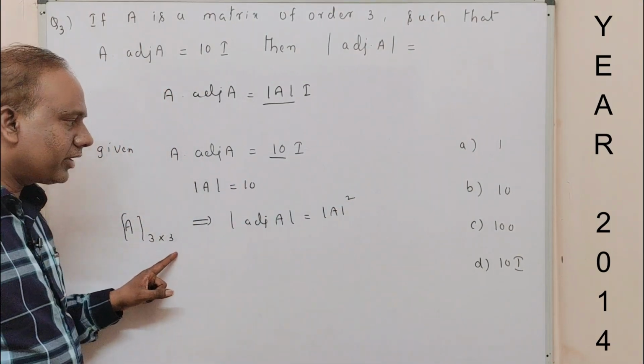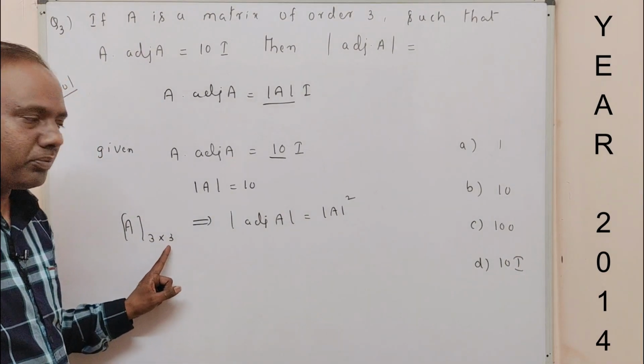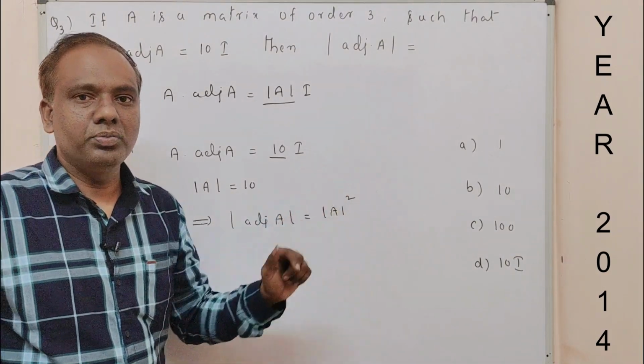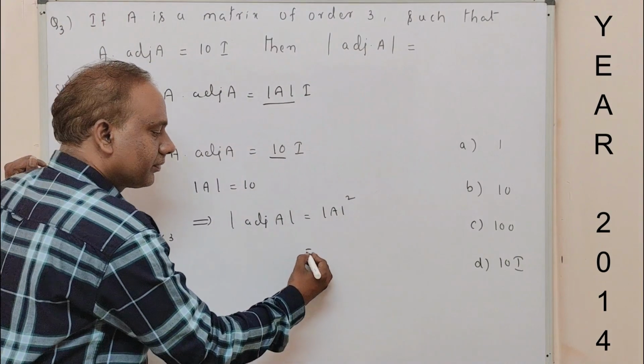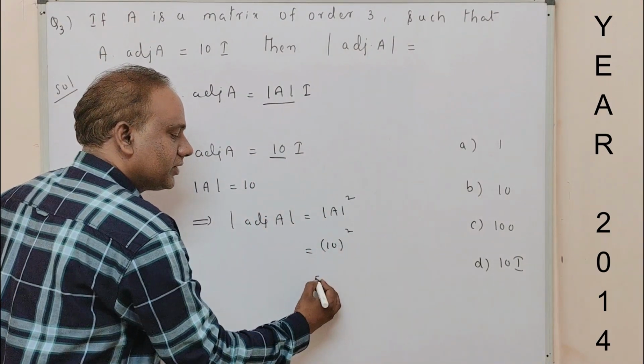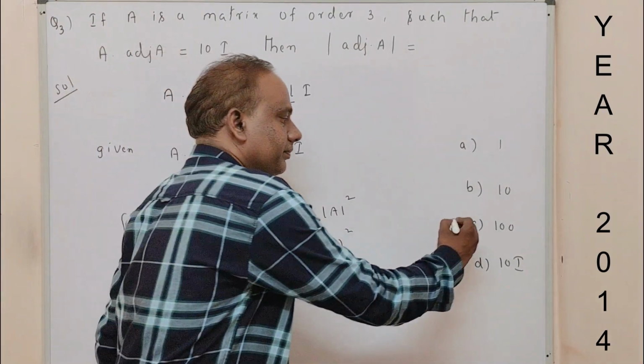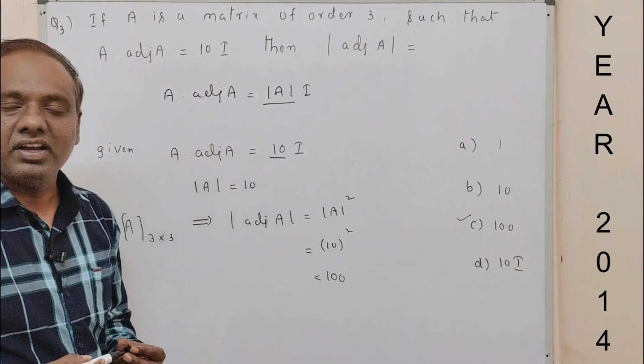It is a 3 by 3 matrix, so (det A) squared. Suppose it is 4 by 4, then (det A) cubed. So here det A value is 10. So 10 squared is 100. Option C is the correct answer.